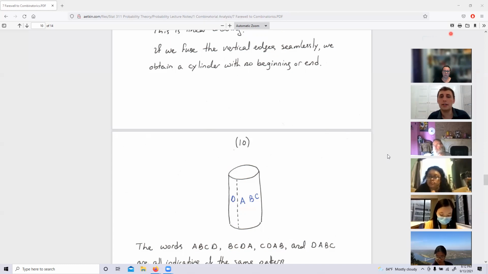Why are they different words? Because I now am free to choose where I want to begin to read the word. If I decide to start with the letter A, it's going to be A, B, C, D. But if I decide to start reading this word from B, it's going to be B, C, D, A. Can you see that? You see why they're different words?